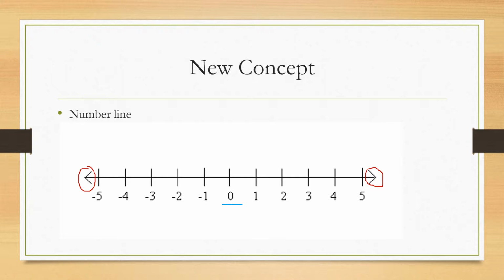Everything starts at 0. And then as you continue to the left, you'll see our negative numbers, which I'll circle in green. So those are getting farther away from 0 to the left. And when you move left on a number line, everything is getting smaller.